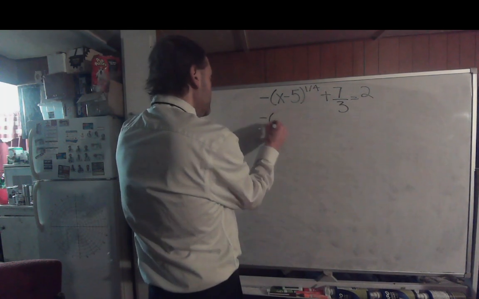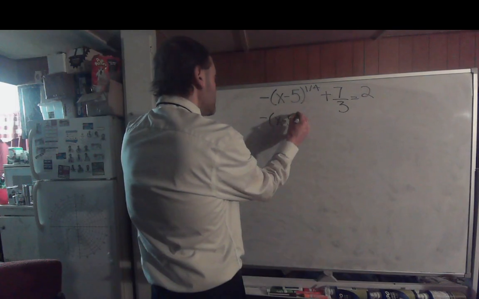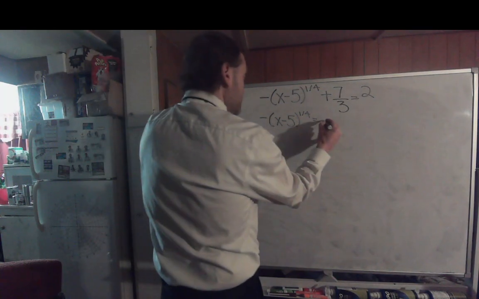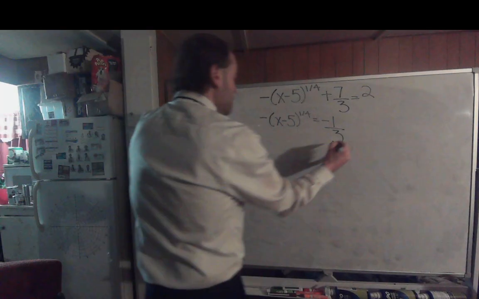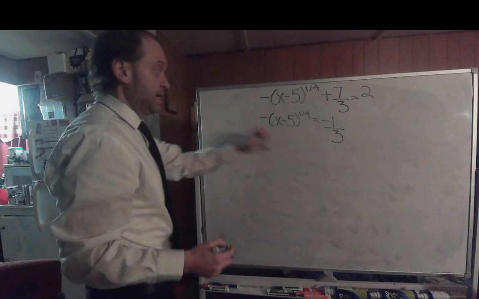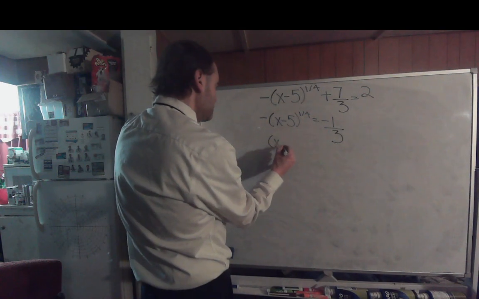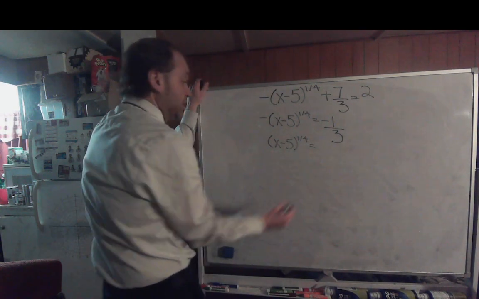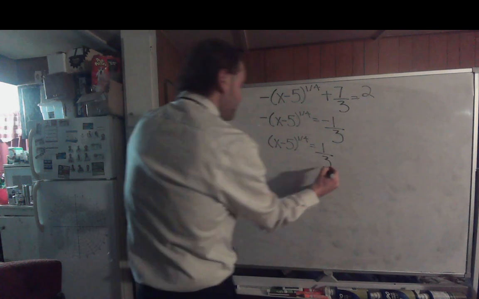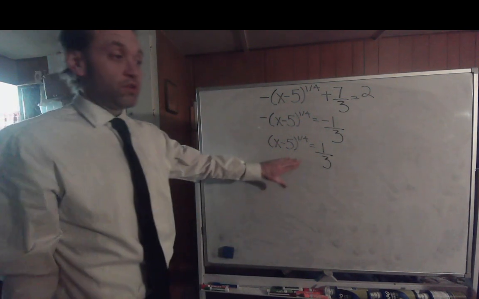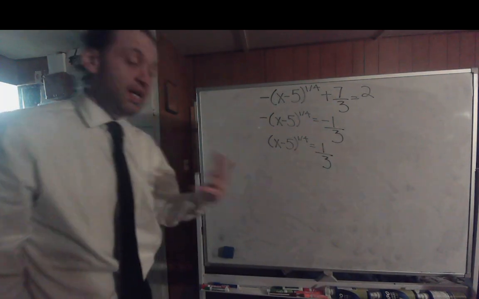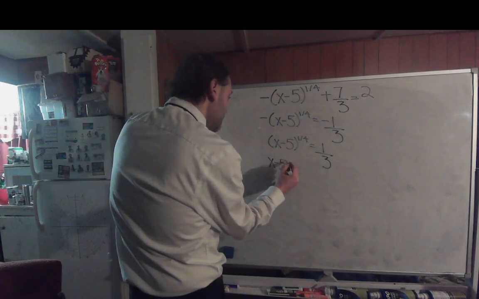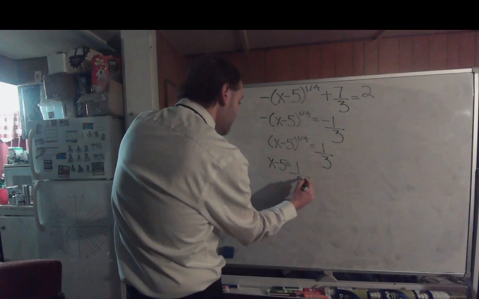So negative of x minus 5 to the 1/4 equals 2 minus 7/3, that's negative 1/3. Now you can divide both sides by negative 1. You'll end up getting x minus 5 to the 1/4 power equals positive 1/3. Now the left side is to the 1/4 power, so you have to raise both sides to the 4th power. So this would turn into x minus 5 equals 1/81.